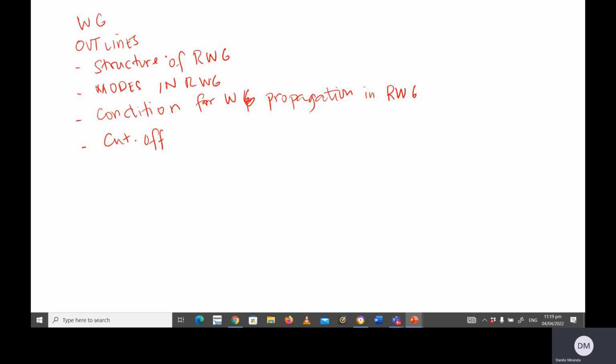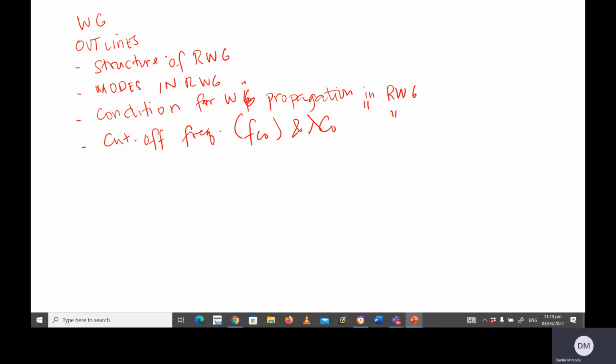So we call it cut-off frequency, fCO, or sometimes we call it cut-off wavelength, lambda CO, of rectangular waveguide.